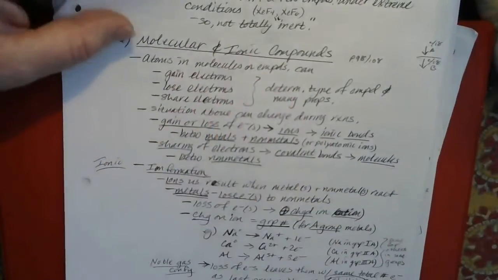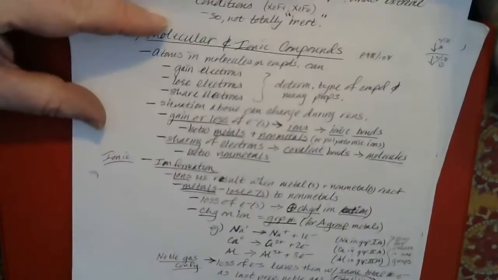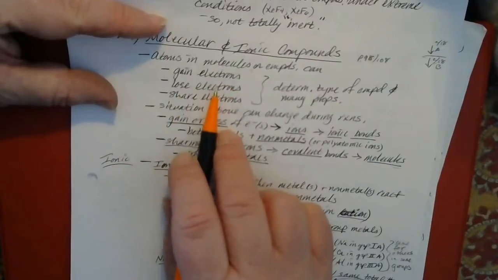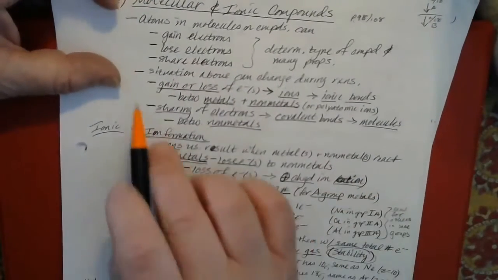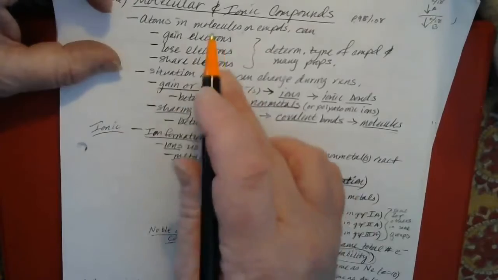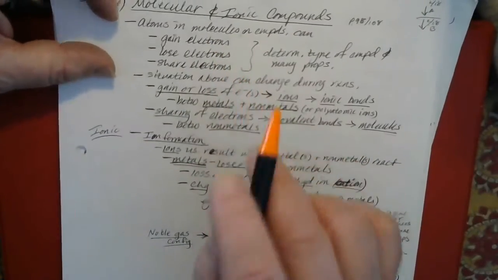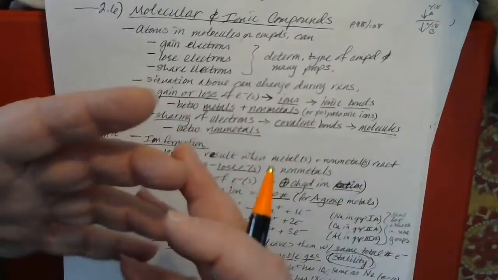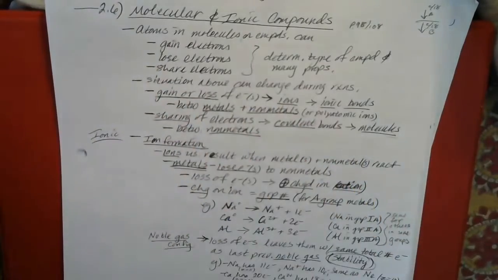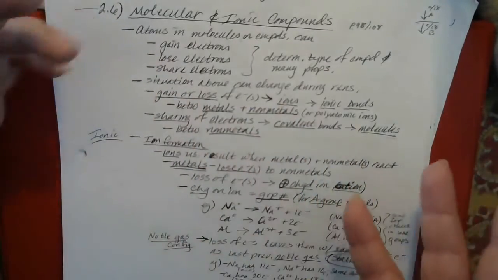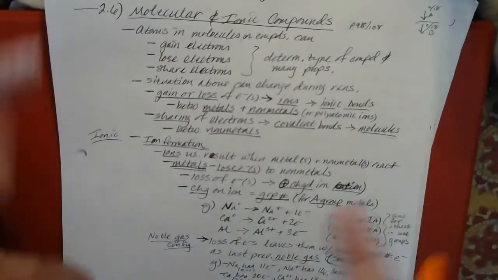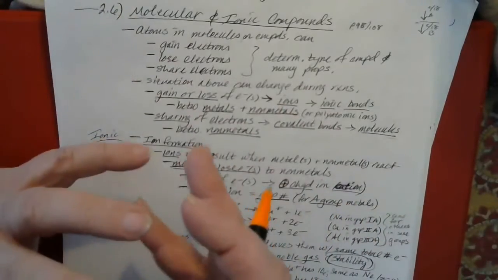Also, many of the properties of the compounds will depend on whether the elements involved transfer electrons from one to another or just share the electrons between them. That situation, of course, can change during reactions, because a chemical reaction is essentially taking molecules that have atoms bonded together in certain ways, taking those molecules apart and putting the atoms back together in different combinations.